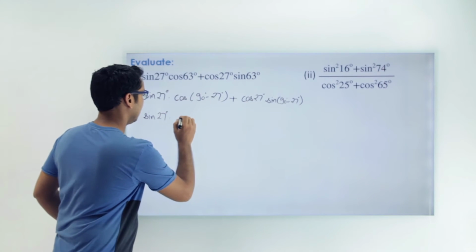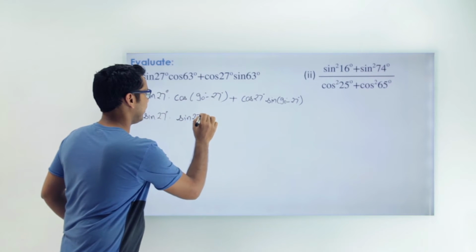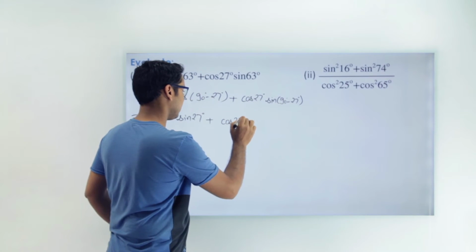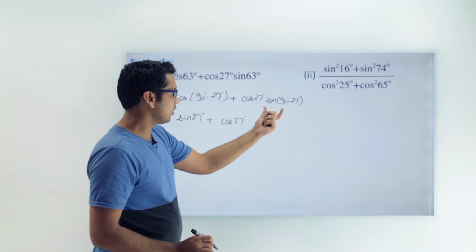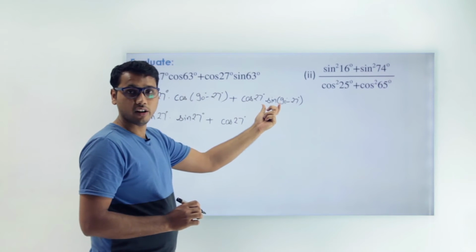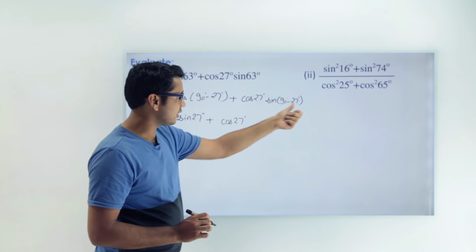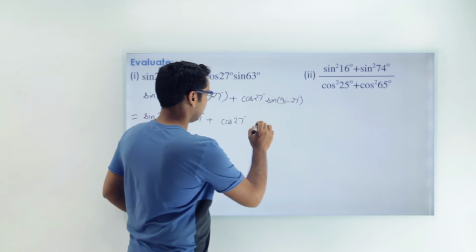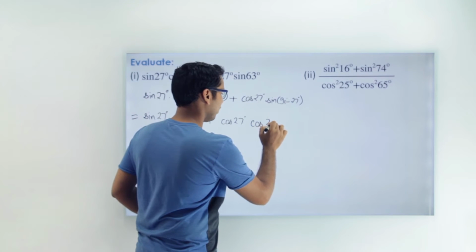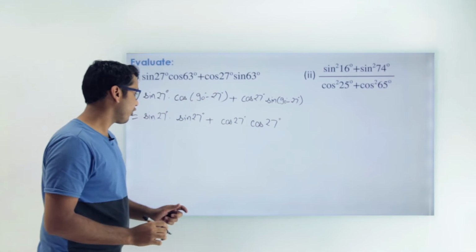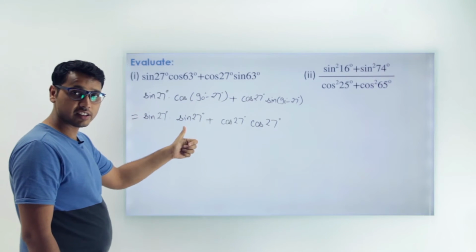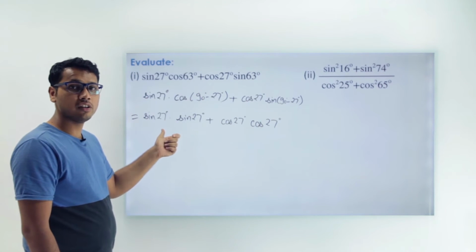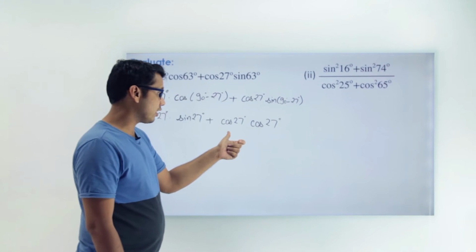Then plus cos 27 as it is, and similarly the complementary trigonometric function of sine is cos, so we change sine of 90 minus 27 into cos of 27 degrees. Now this is sine 27 into sine 27, and cos 27 into cos 27, so this will be the square of sine 27 and the square of cos 27.